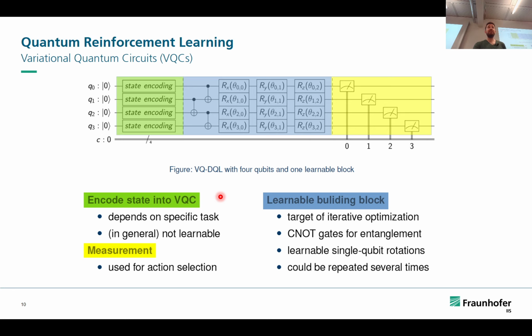And then finally, because we can't directly observe quantum states, we have to perform some measurement to, for example, enable our agent to decide for an action, and also for computing gradients, as we will see later, to update our parameters. So those are the 3 steps we always need for these variational quantum algorithms.